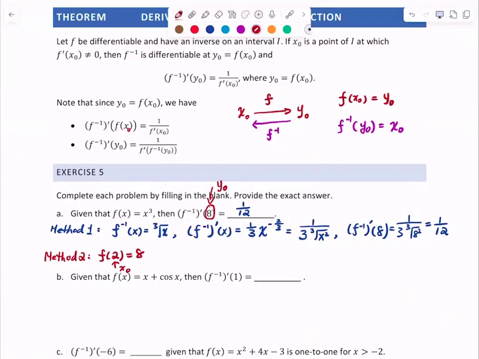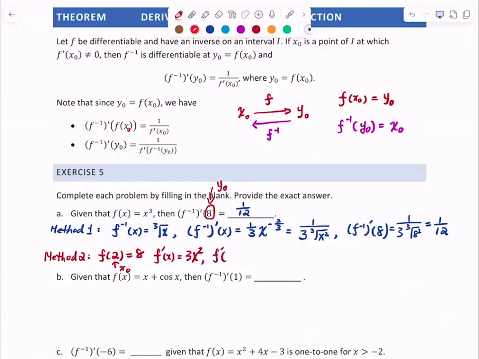Okay, so what does the formula tell you to do? Well, you have to look at f prime of x naught. Okay, so let's do f prime. F prime of x is 3x squared. So f prime of what?